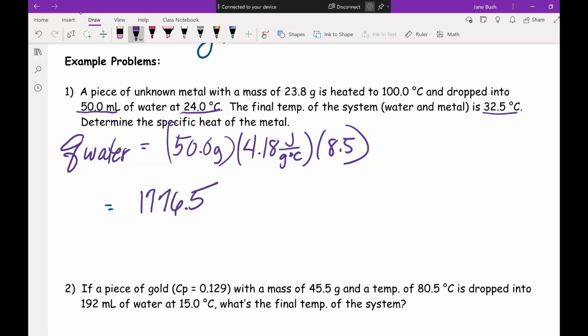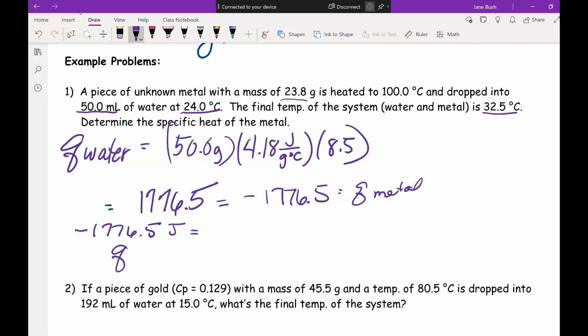Okay? Now, that we said was equal to the metal, but we're going to make it negative. That's the Q of the metal. We know the mass of the metal, and we know the temperature change of the metal, so we can use that to find specific heat. So we're going to start with negative 1776.5 joules, because that's Q of the metal, is equal to the mass.